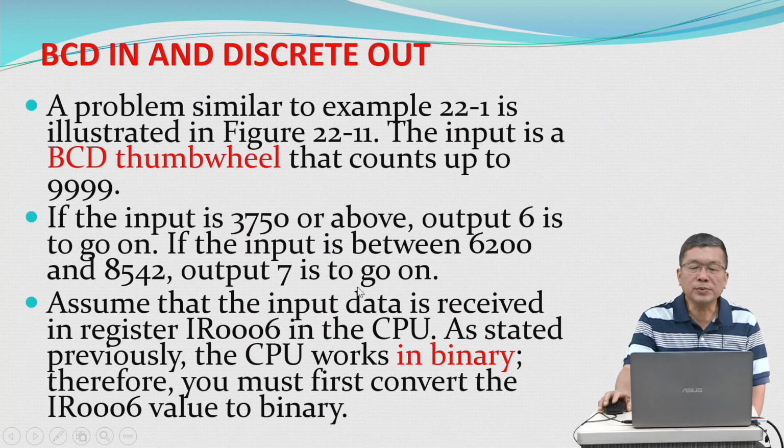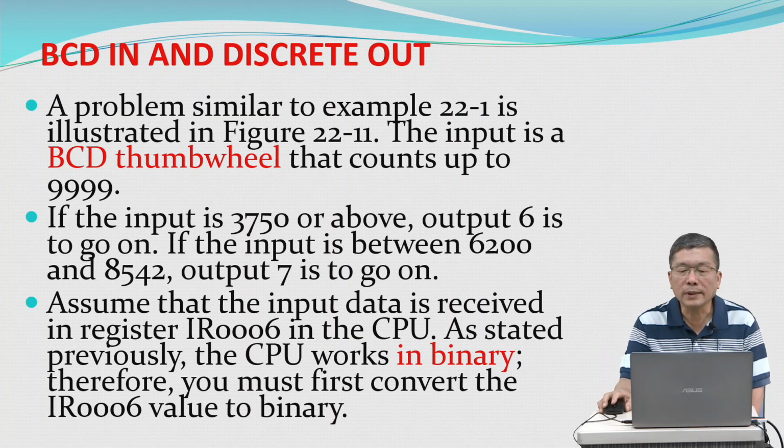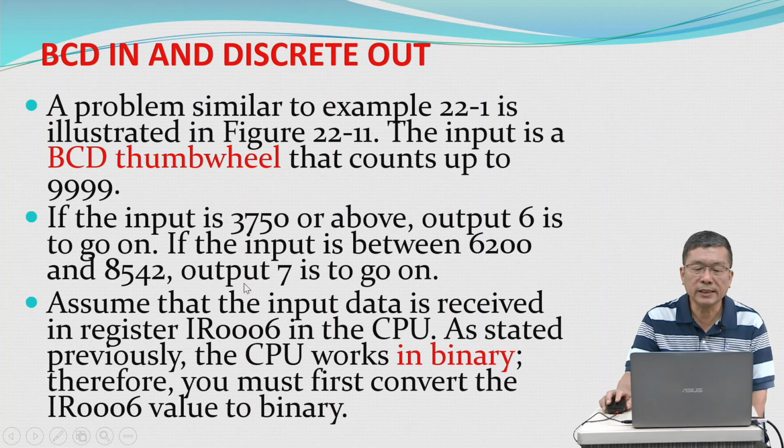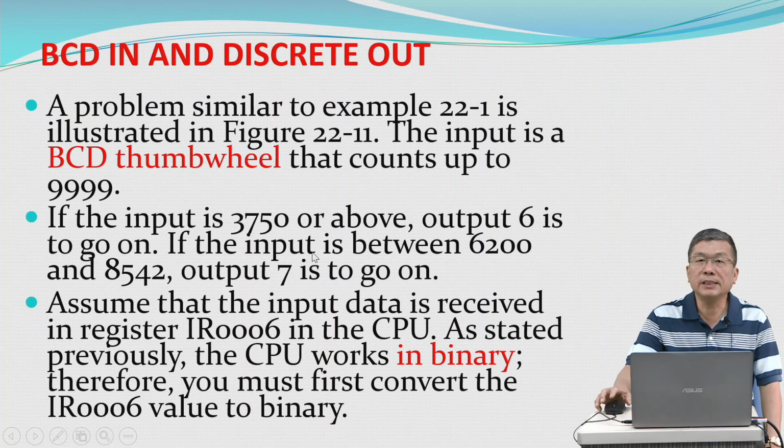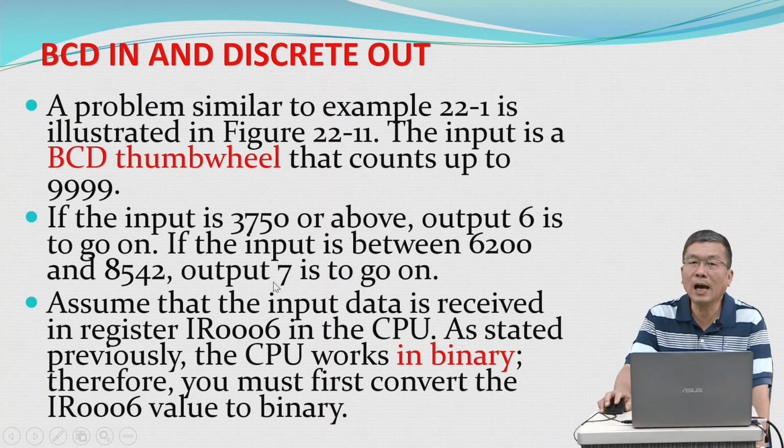A problem similar to example 1 is illustrated in figure 22.11. The input is the BCD thumbwheel that counts up to 9,999.